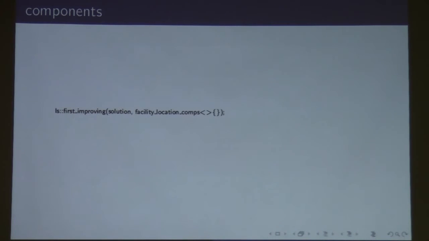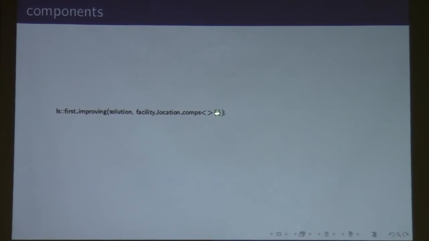So it was a small off-topic, and now let's get back to our design. Now we are just using this components class, this generic class, and everything looks essentially the same. We just call our first improving, provide a reference to the solution, and we provide our local search components.